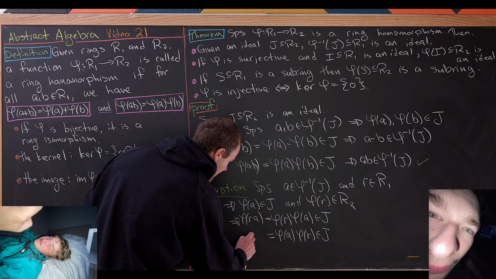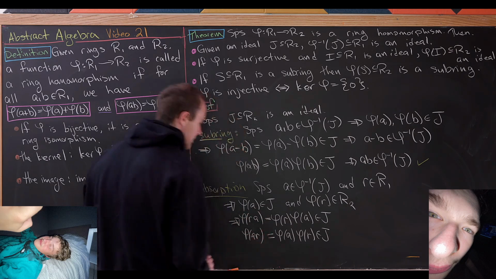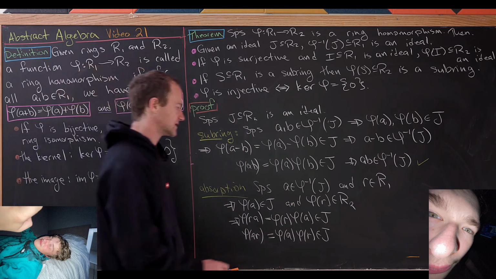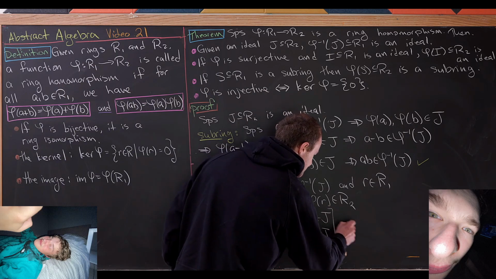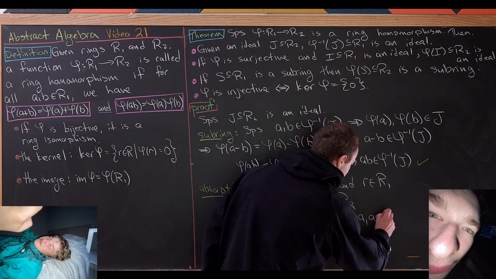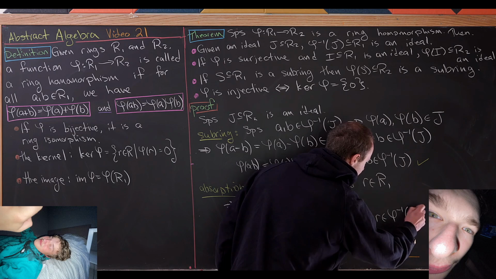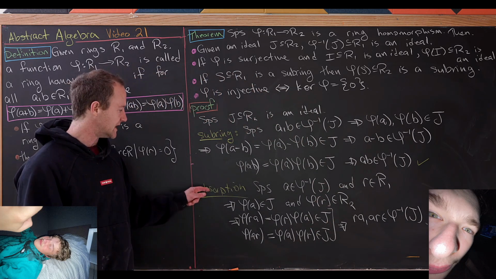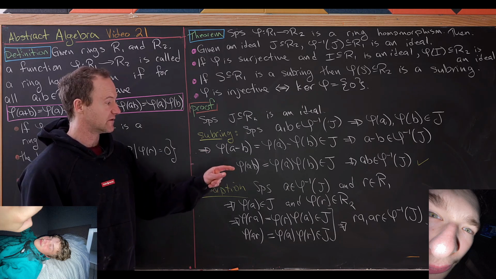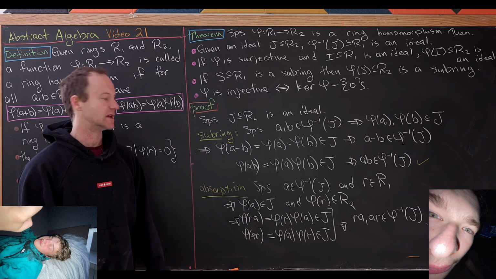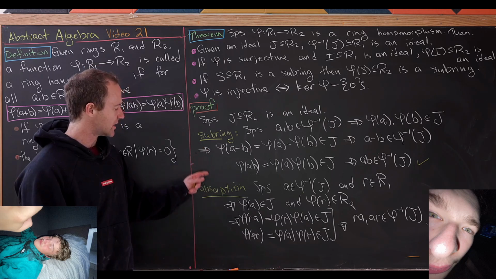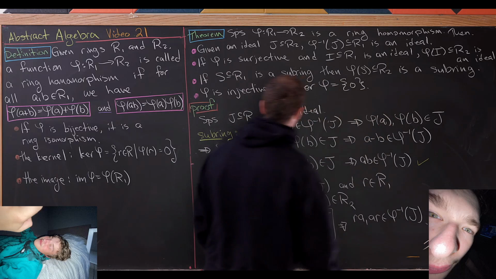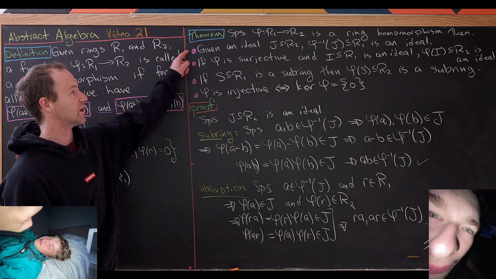This is phi of RA, and this is phi of AR. But then phi of RA being inside of J and phi of AR being inside of J tells us that RA and AR are in the pre-image of J. But that's exactly the absorption property we need for phi inverse J to finally be an ideal. So we showed it's a subring and we showed it has this absorption property, which means it is an ideal. Okay, so that's this first point proven.